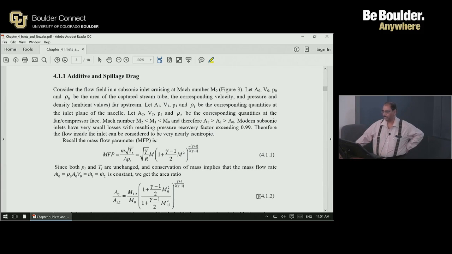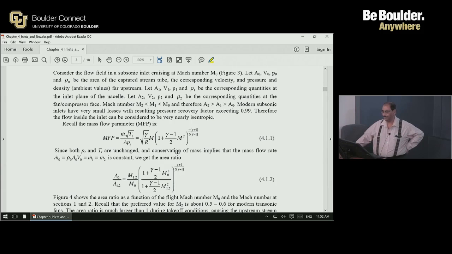The most important thing is that the mass flow parameter can be defined as the mass flow rate through the duct times the square root of the stagnation temperature, divided by the area of the duct times the stagnation pressure. If you define it that way, the mass flow parameter becomes a function of only the Mach number.